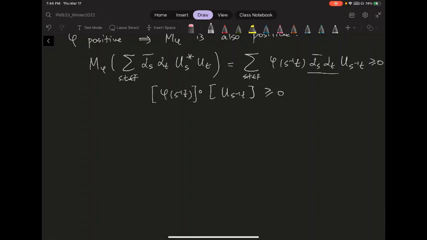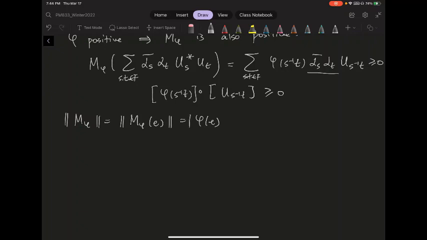So because it's a positive map between two C-star algebras, and you can use some deep theory about C-star algebras, the norm of m phi is essentially just its norm evaluated at the identity, okay? And because it maps the identity to the identity, this is basically just equal to phi of E, okay?